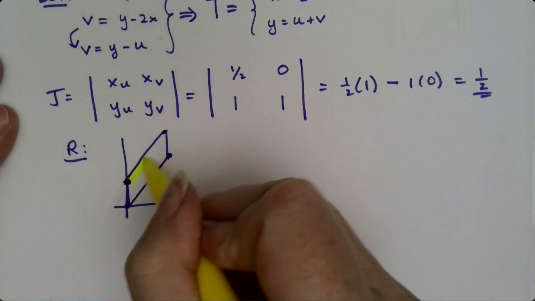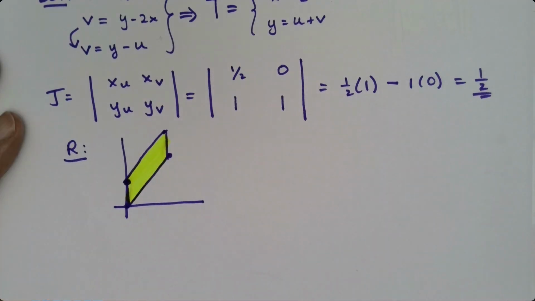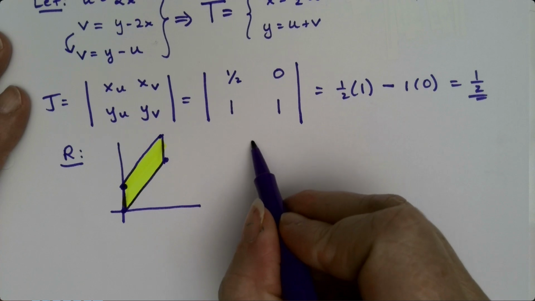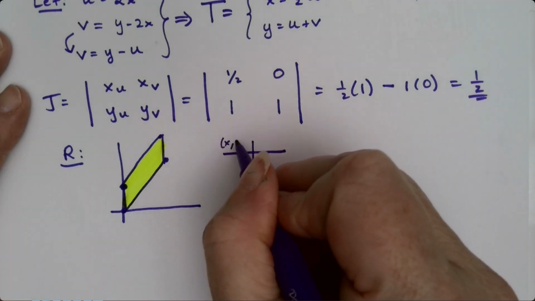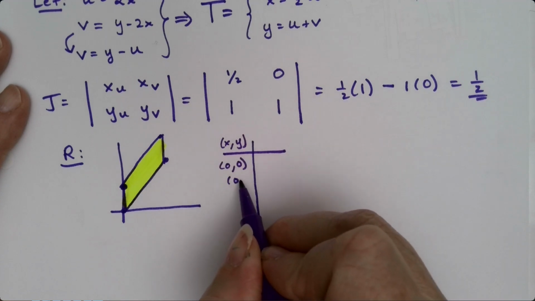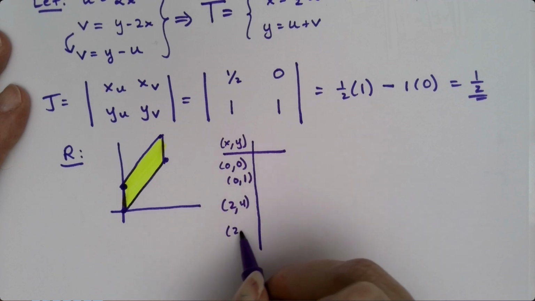This is the region. Now we need to transform this region to a new zone. Now I think it helps to think about the old points that you had, which were x's and y's. That was (0, 0), it was (0, 1), it was (2, 4), and it was (2, 5).